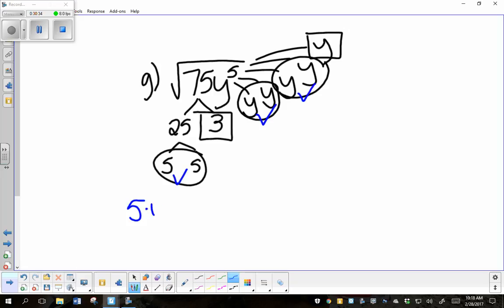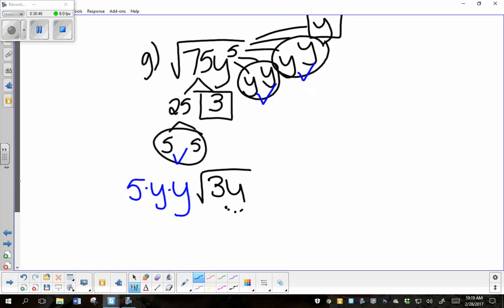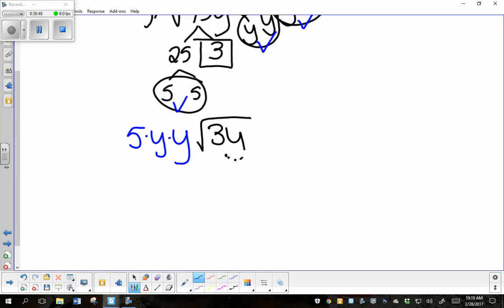So 5 times y are all on the outside. On the inside of my square root is a 3 and a y. 3y. So if I simplify that, I've got 5y squared and then square root of 3y.